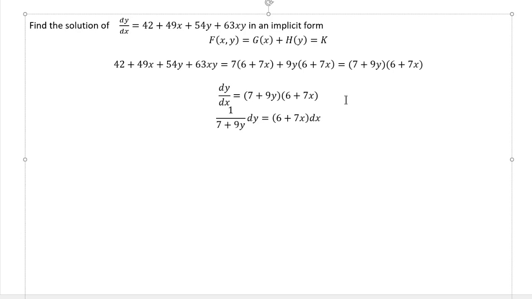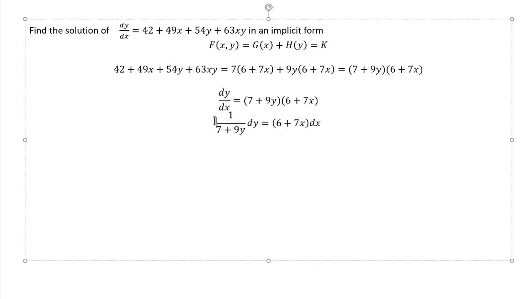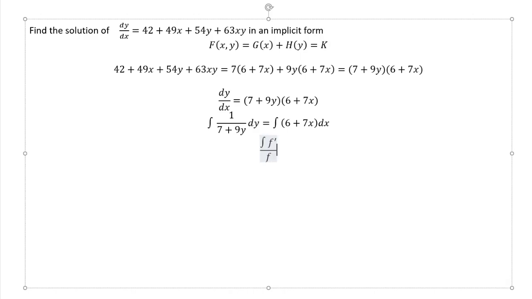Okay, now what's left is you just have to integrate both sides. So let's do the integral. Actually, let me just put the integral sign right here. So you integrate this left side, you integrate the right side. And for the left side, this is like an f prime over f type, so make sure you remember that the integral of f prime divided by f is the ln of the denominator.